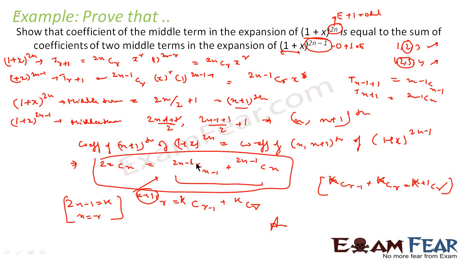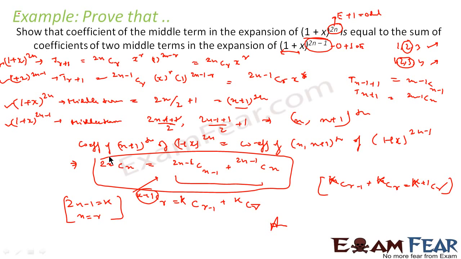So what we have done is find the T of r plus 1 term of (1 plus x) to the power 2n and (1 plus x) to the power 2n minus 1. Once we had written the general terms of these two expansions, we found the middle terms. The middle term for (1 plus x) to the power 2n was the n plus 1th term, and the middle terms for (1 plus x) to the power 2n minus 1 were the n-th and n plus 1th terms.